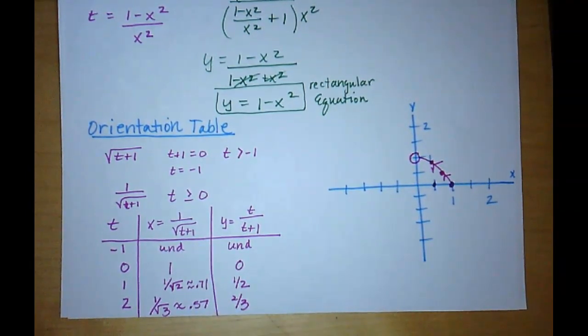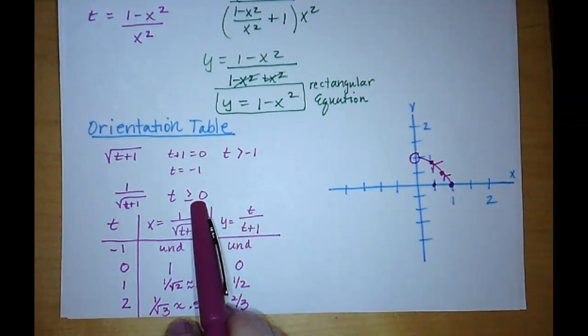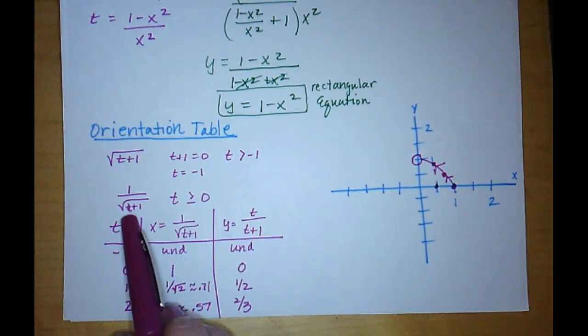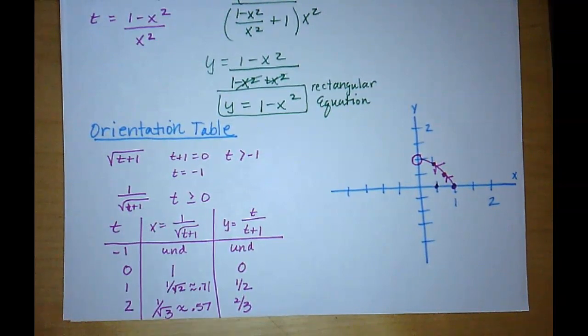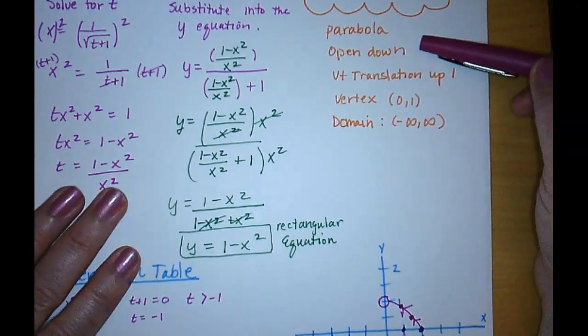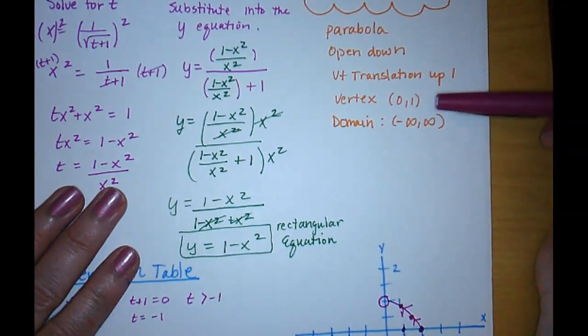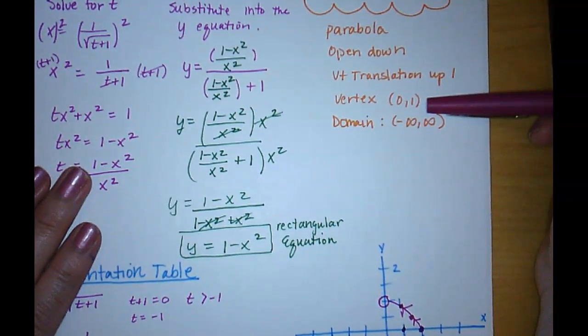And so does that make sense to what we know? Well, we know t has to be greater than 0 for the bottom, or the bottom bar has to be greater than 0. So we know that it's a parabola from what we know up here, opening down, translated up 1. The vertex would be at 0, 1.